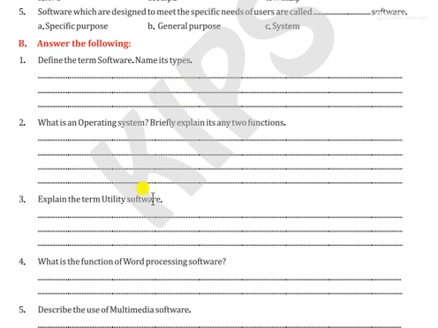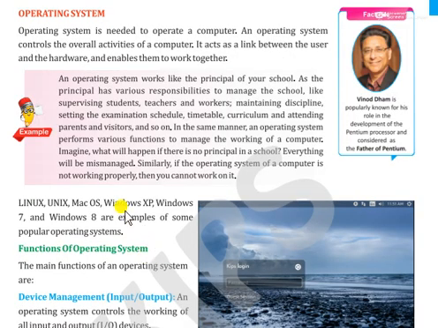Then your answer number 2, what is an operating system? Briefly explain, and its any two functions. So your operating system answer is on page number 17, the first line. An operating system works like the principal of your school. First line you will write. Then you can write, an operating system controls the overall activities of a computer.